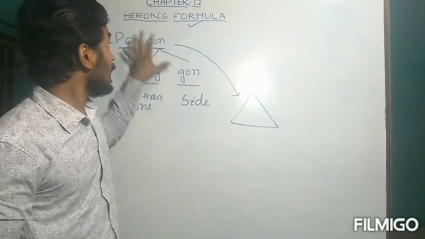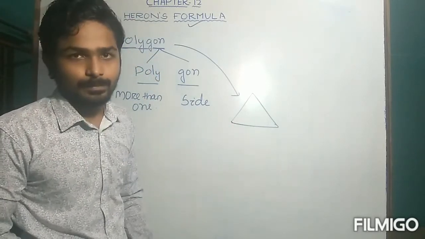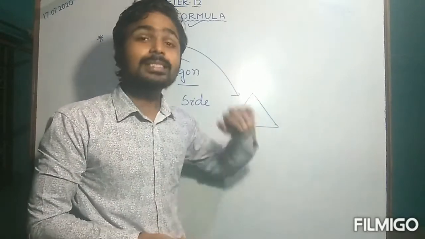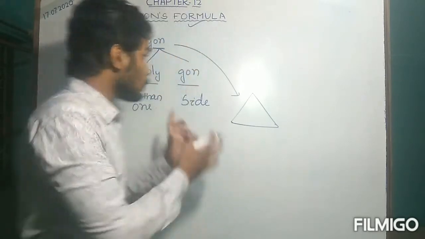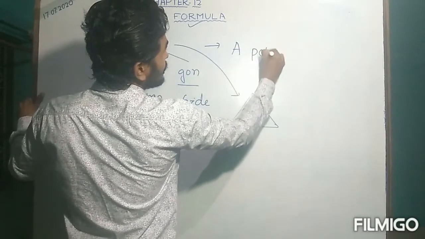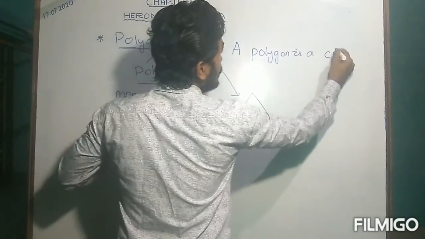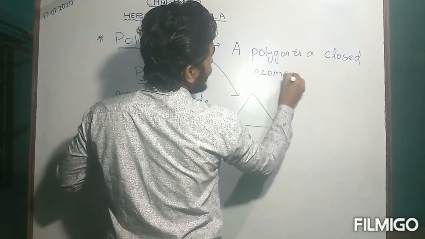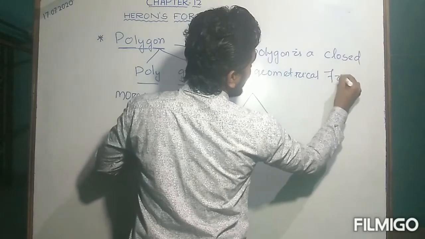Okay, so again I am saying, what is a polygon? A polygon is a closed figure, and it is made up of only straight lines, or whose sides are made up of only straight lines. Clear? So I am writing the definition. A polygon is a closed geometrical figure.